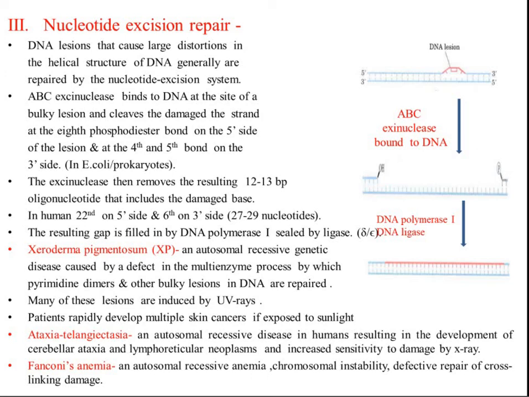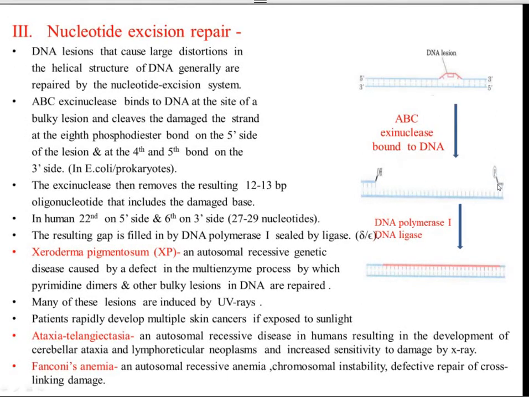In this case, the 22nd nucleotide on the 5' side and the 6th nucleotide on the 3' side, this whole thing, which includes the DNA lesion, will simply be excised from the DNA. Once again the DNA polymerase and the DNA ligase will bind them together, and this nucleotide repair will take place.